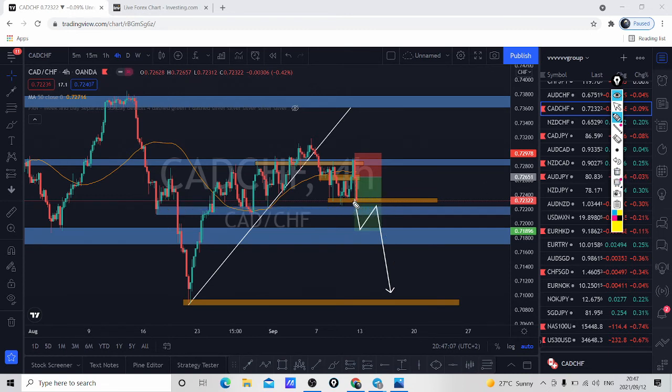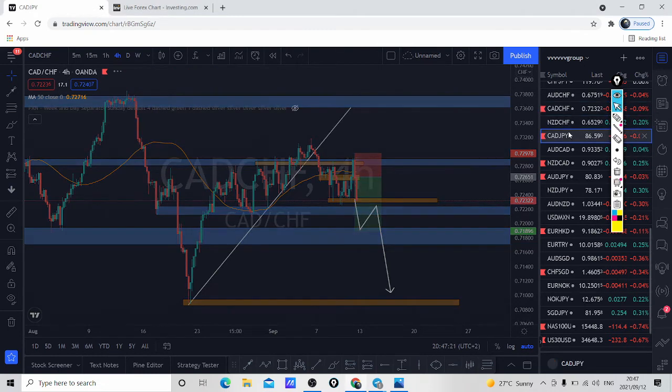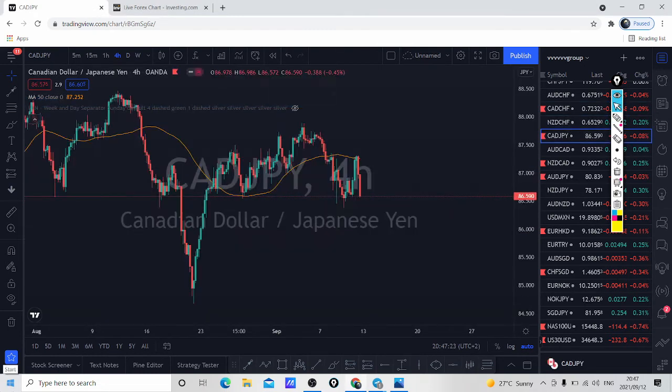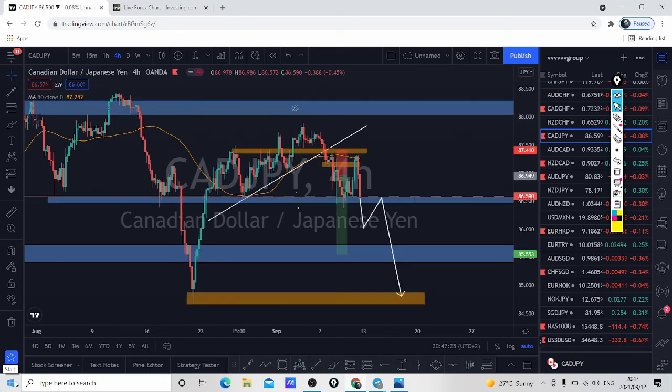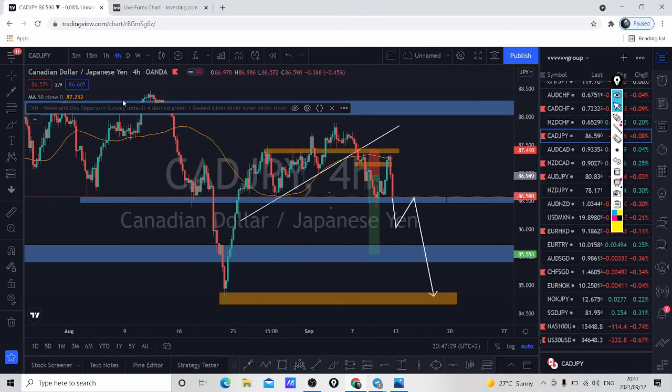But if it breaks, it's going to break with an impulsive move and then make a consolidation move towards the previous support. Then it's going to make a bearish engulfing before we sell. Okay, bearish engulfing is so important. I don't just enter, I wait for those entry patterns.